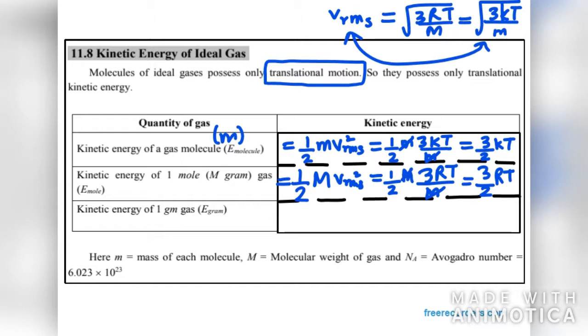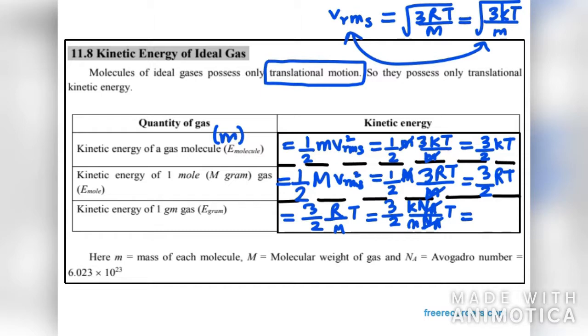Now we need to find the kinetic energy of 1 gram of gas. When we talk about 1 gram of gas, it is given by 3 by 2 R over M times T. Now as you know, R can be written as K Na, so 3 over 2 K Na over M Na, and Na gets cancelled out and we have T here.